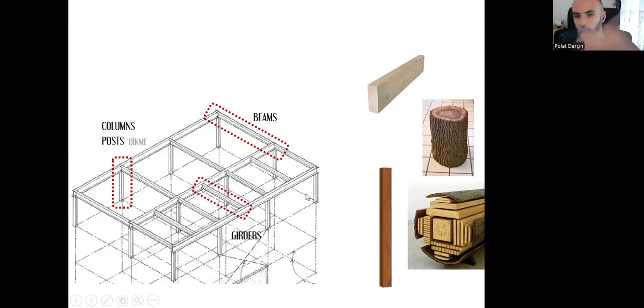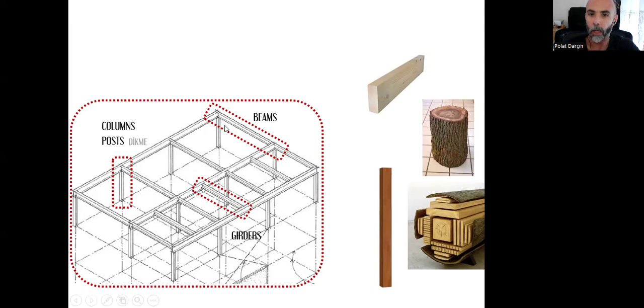Girders, beams, they are the same, only girders are the smaller versions of beams in order to support the floor surface. And all of them when we have them in position, all of our posts and beams connecting the posts, that's the timber frame.